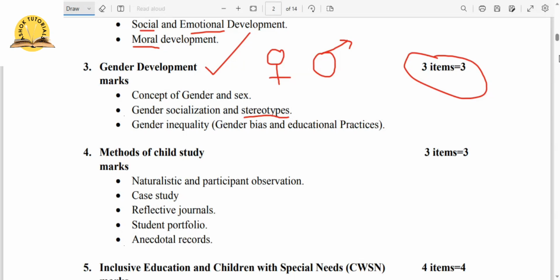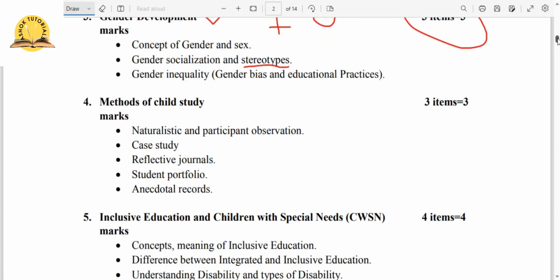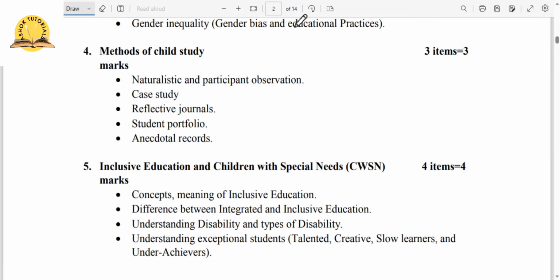Now let us see number 4. Number 4, we have methods of child study. See, why this topic, methods of child study? Because once we pass this MTET examination, we will be appointed as teachers for LP and UP sections in government schools, right? The schools run by the government of Meghalaya. So in school, we deal with children, right? We deal with students, we deal with kids.